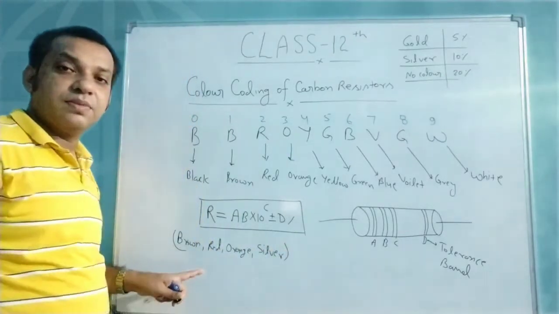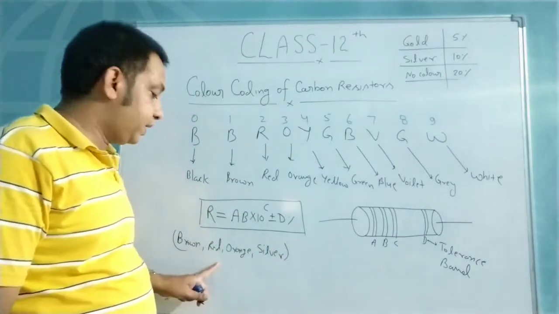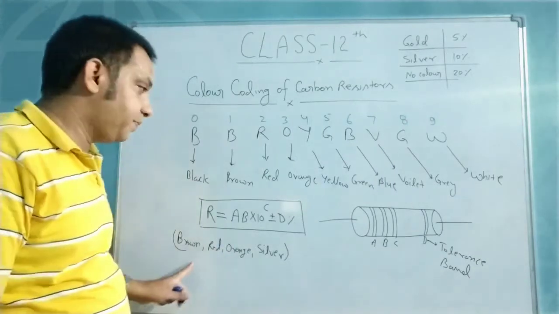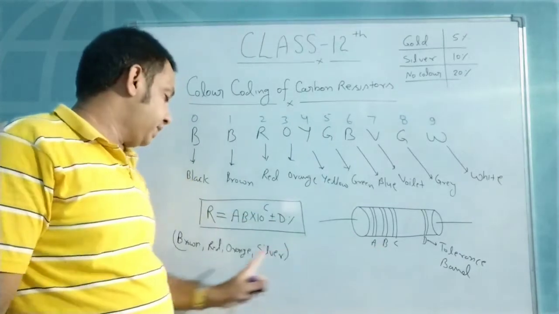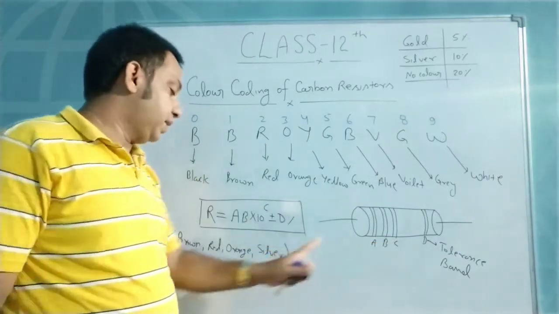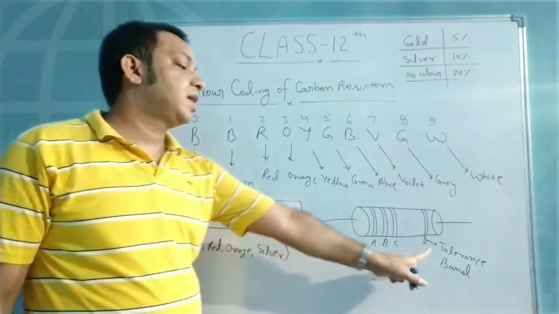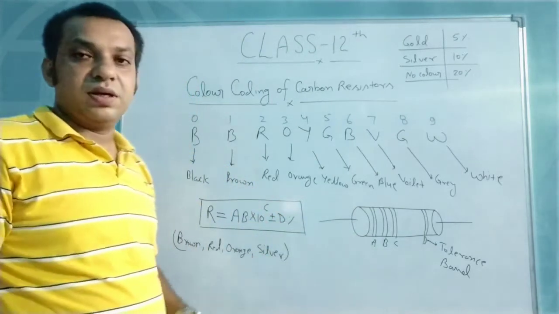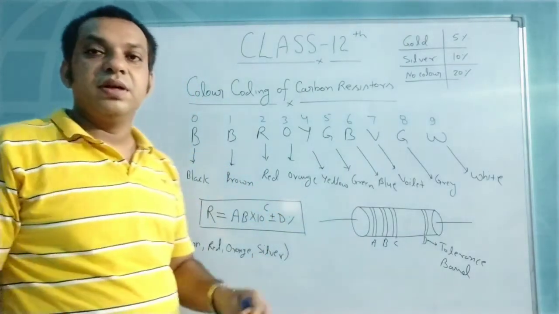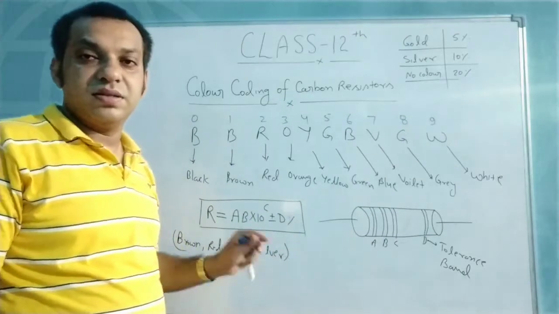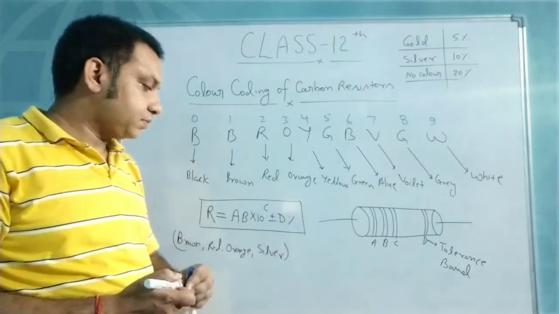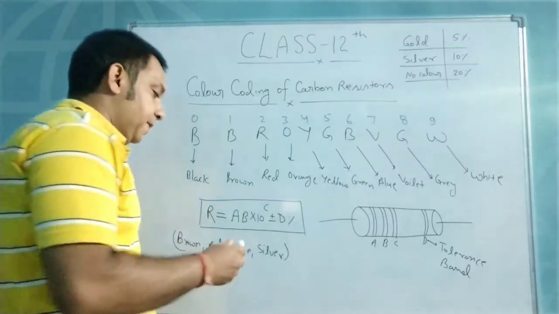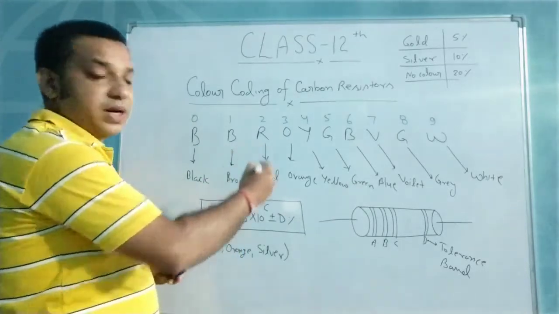That means the A band is brown color, the B band is red color, the C band is orange color, and the last D band is silver color. So this color coding is given, and you have to write the rating of the resistor, the magnitude of the resistor. Again, from this chart you will write the values.